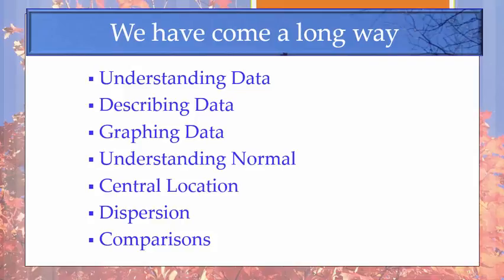So we started talking about just data and what data is and understanding why we need data and how we will use the data. And then we moved into describing and graphing the data so that we could see what our data is telling us. And then we moved into understanding the importance of it being a normal distribution, and then some of the features, the central location, dispersion.